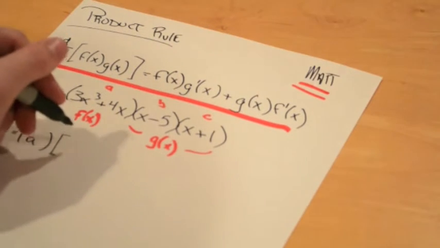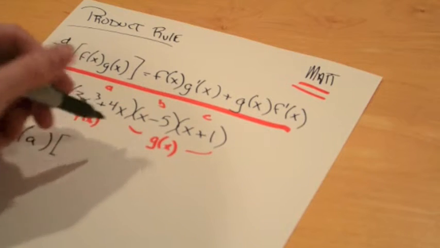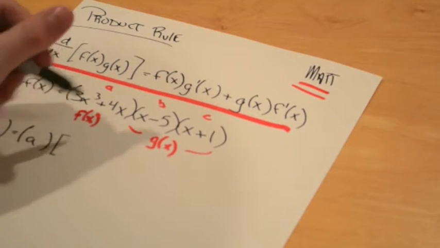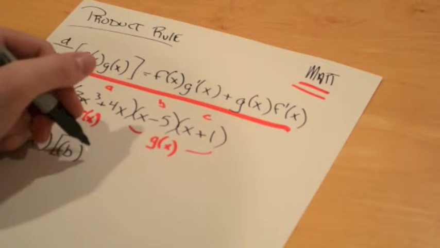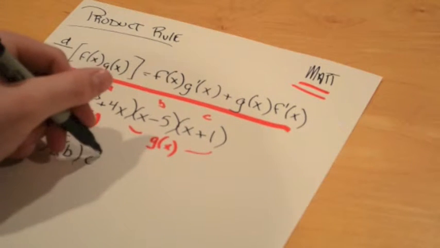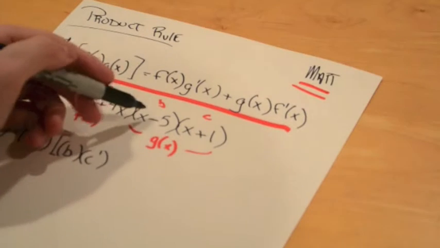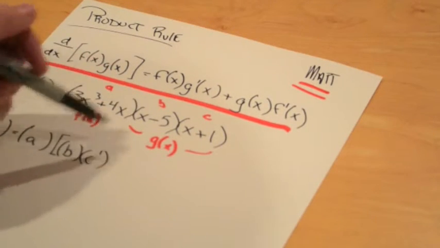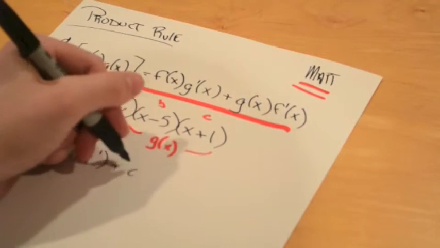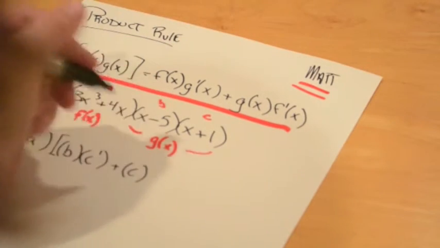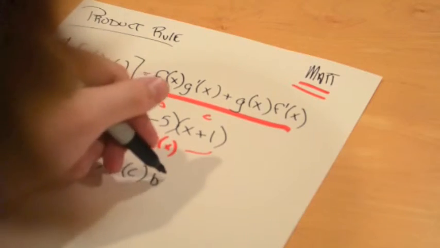Then, in the brackets, we have the product rule of b and c. So, you would have b multiplied by the derivative of c, so x minus 5 multiplied by the derivative of x plus 1, plus c multiplied by the derivative of b.